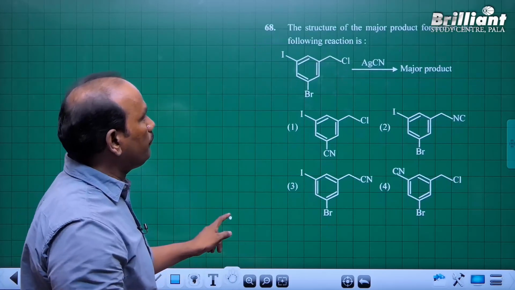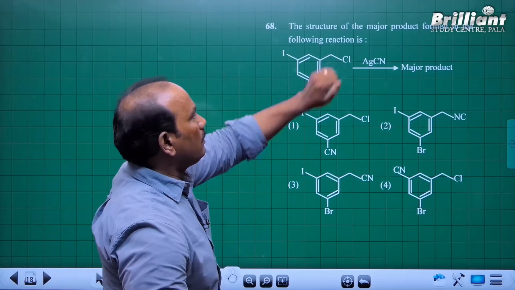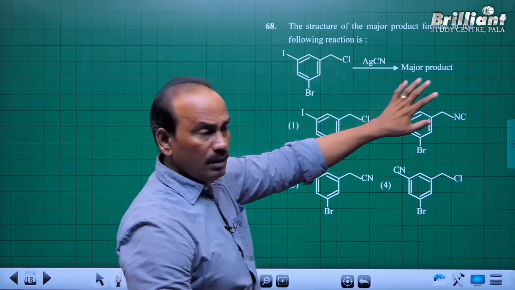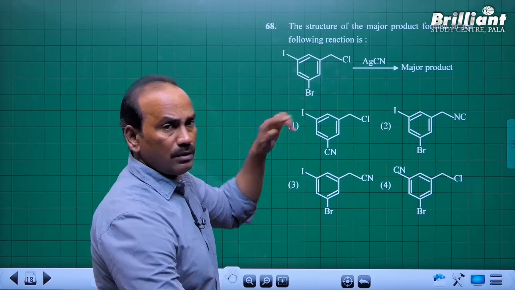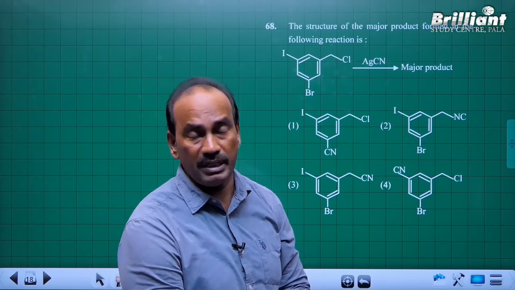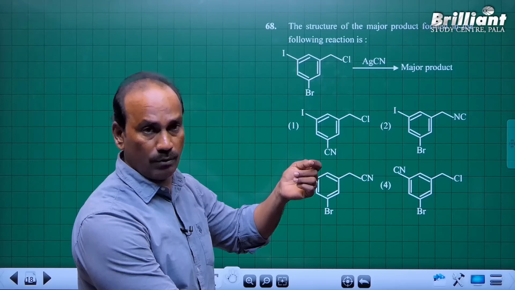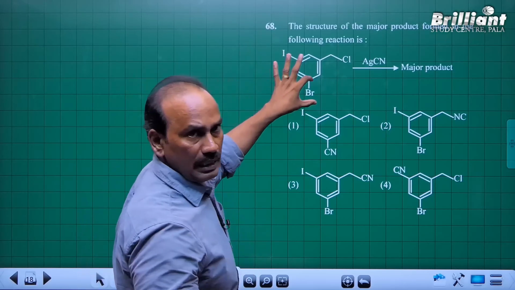Now, the structure of the major product when it reacts with this one. Here, benzene attached with halogen is not involved in either SN1 or SN2 reaction due to the +R effect. That means a partial double bond is formed between carbon and halogen. So this halogen is not replaced.